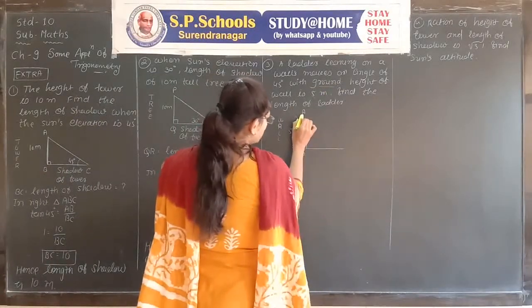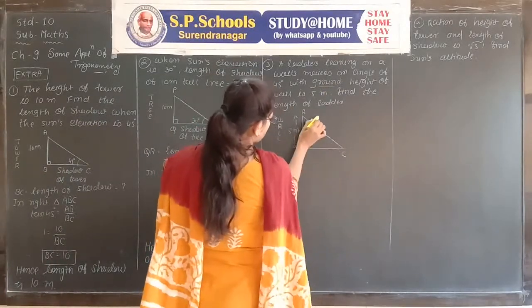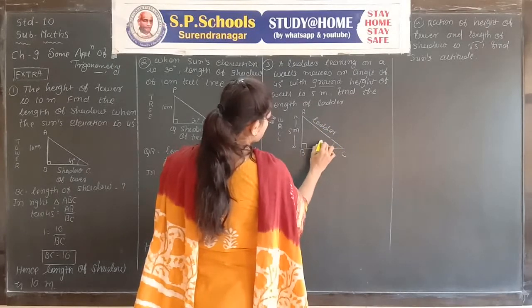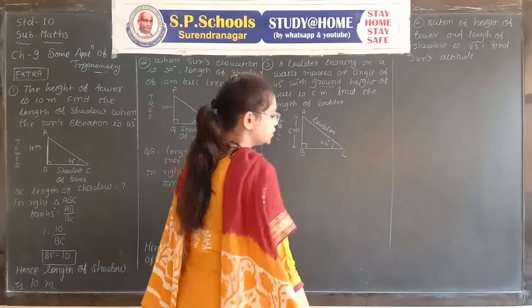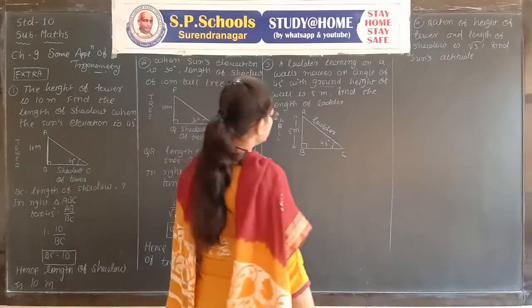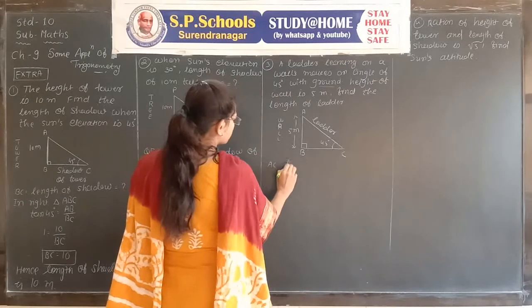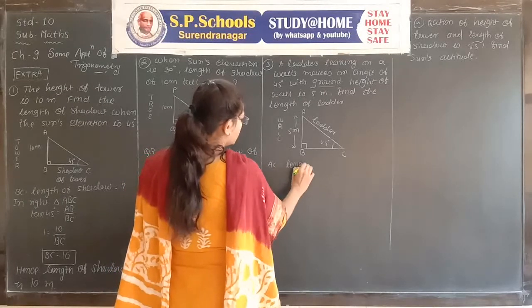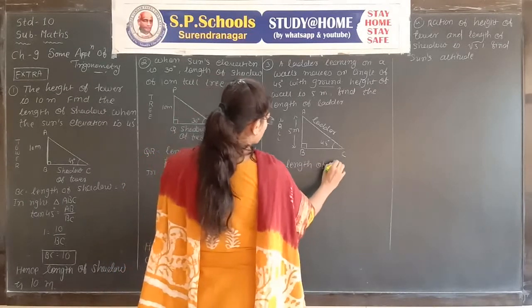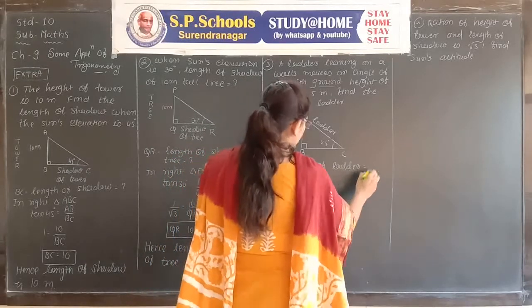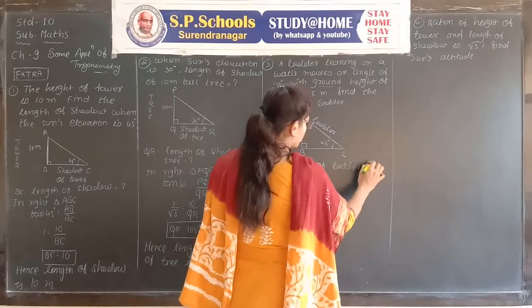It's the ground. Suppose AC represents the ladder, making angle 45 degree with the ground. Find the length of the ladder. We need to find AC. Length of ladder is equal to question mark.